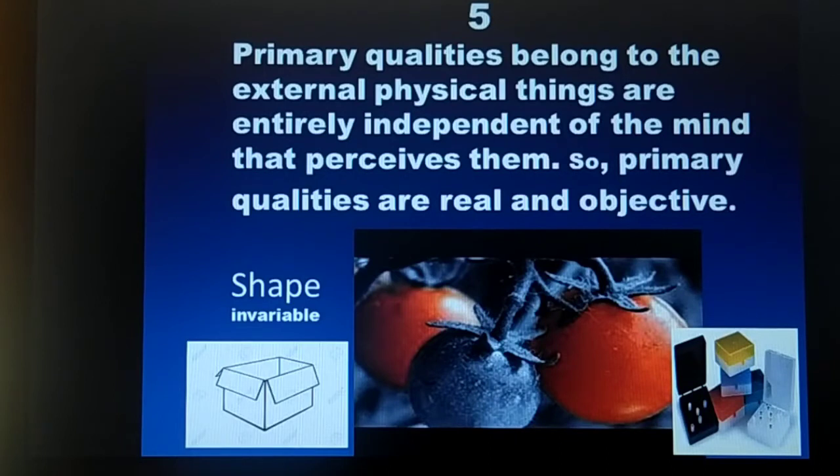But the shape and size of the box, tomato and other things are not changed. They are independent of the mind. Therefore, these primary qualities are objective. They are free from our mind. Therefore, Locke says that the primary qualities are real and objective. This is what we have to know in connection with the primary qualities of John Locke.